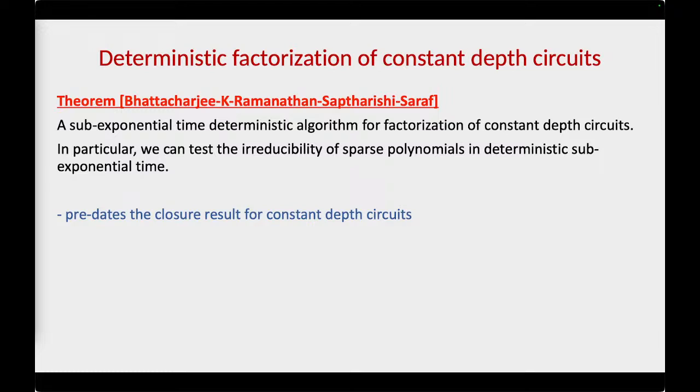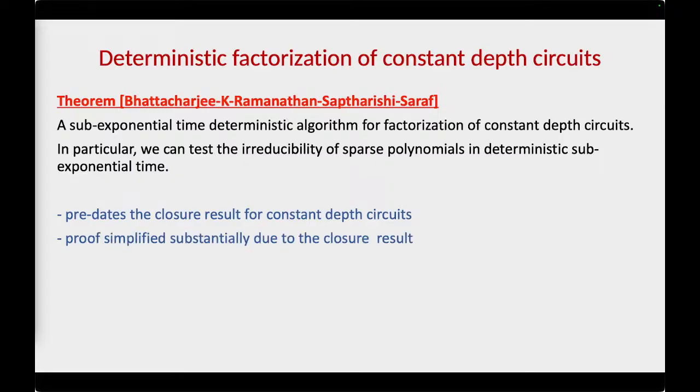So strangely, the deterministic algorithm actually predates the closure results for constant depth circuits. At the time of this proof, we did not know if constant depth circuits were closed under taking factors. So this algorithm takes as input a constant depth circuit, but the output circuits for the factors were of unbounded depth. At least were.